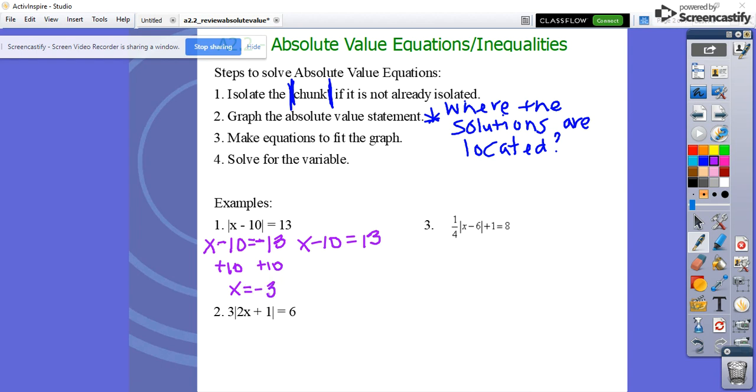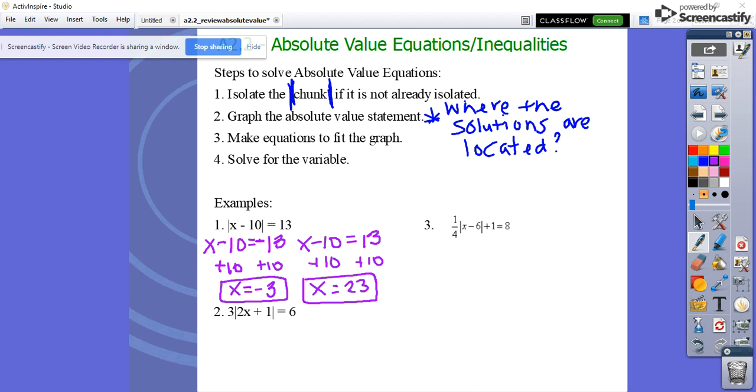Then we are going to add 10 on the other side, and I get x equals 23. Most absolute value equations are going to have two solutions because there are two spots where they are so many units from 0.